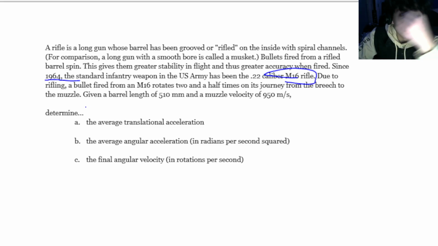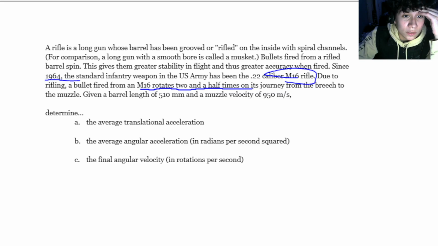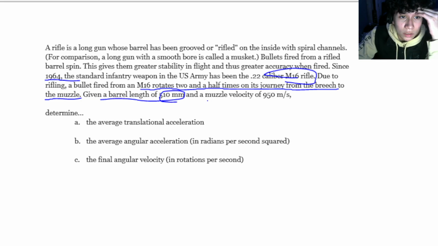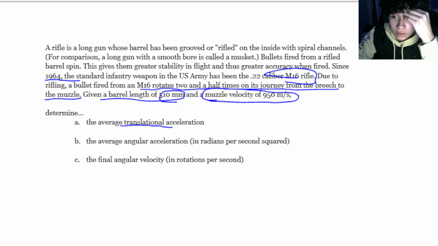Due to the rifling, a bullet fired from an M16 rotates 2.5 times on its journey from the breech to the muzzle. Given a barrel length of 510 millimeters and a muzzle velocity of 950 meters per second, determine the average translational acceleration. So that's the first one.